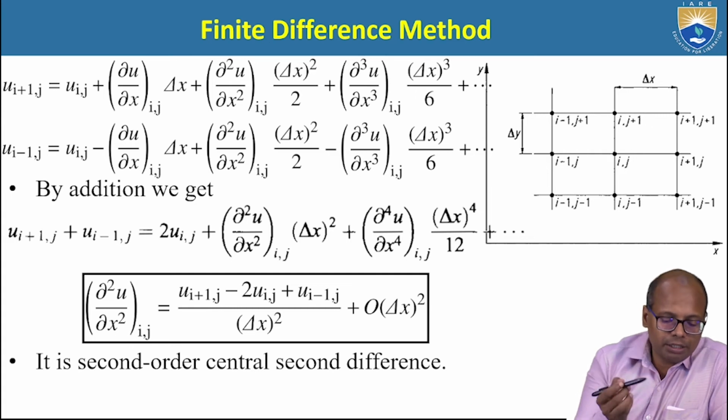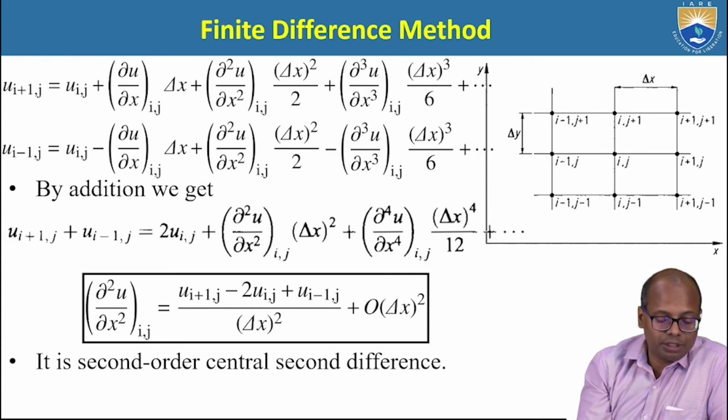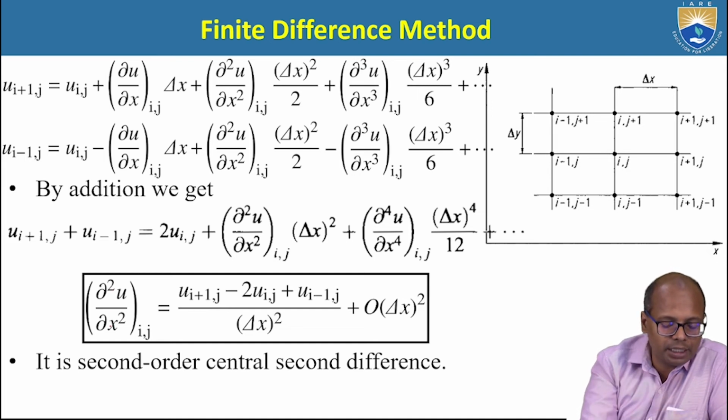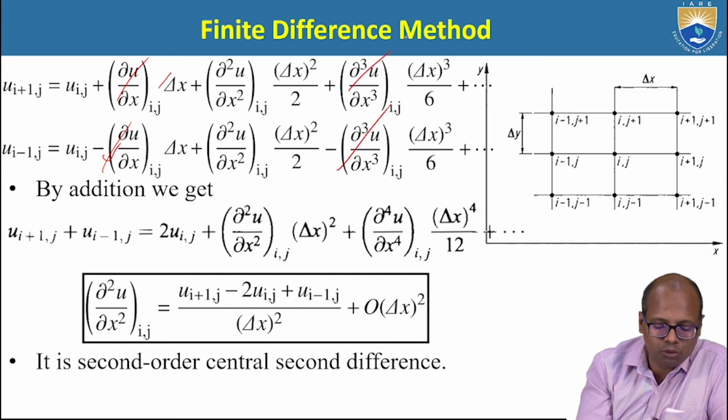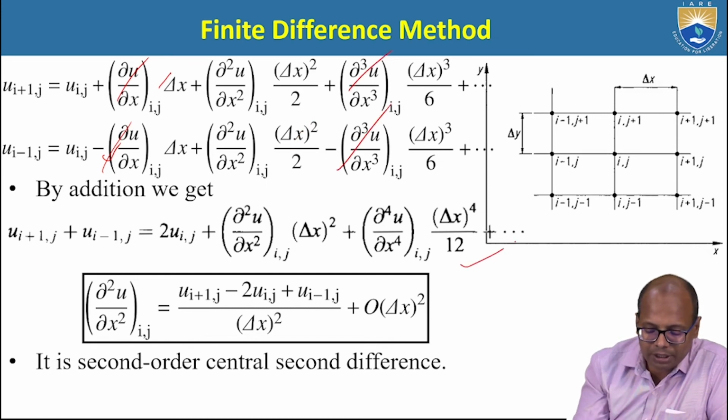So, if I want the finite difference for dou square u by dou x square, how to get it? Previously I subtracted this from this. Now I am adding these two. If I add these two, all the negative terms will go, and I will end up with this equation.